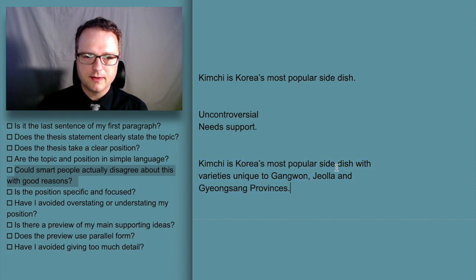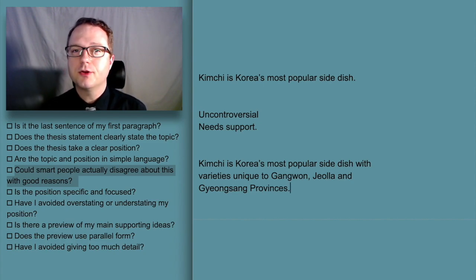And so we can say Korea's most popular side dish, with varieties unique to Gangwon, Jeolla, and Gyeongsang provinces. Now, that's one way to make it more specific. And then I'm going to talk about the types of kimchi that are unique in Gangwon, unique in Jeolla, and unique in Gyeongsang.